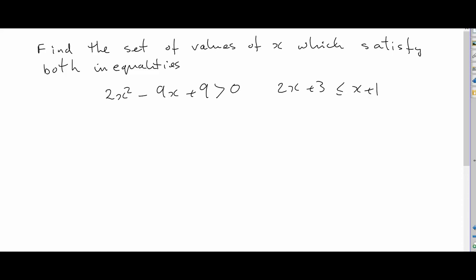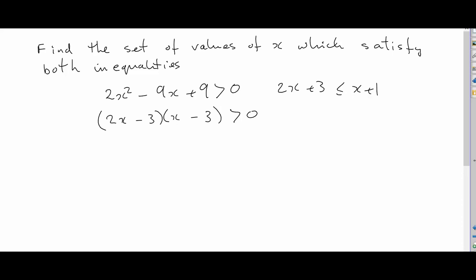Okay, so the first inequality, 2x squared minus 9x plus 9 greater than 0, we can factorise the quadratic. 2x and x and 3 and 3 will give us 6x and 3x. Subtract both like that, and those are the factors.